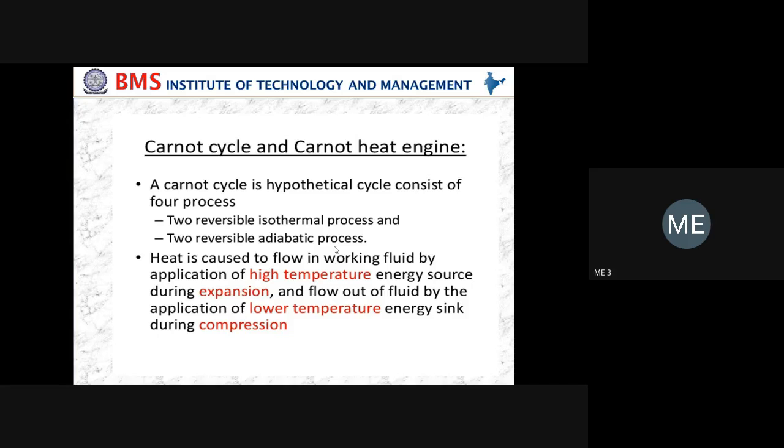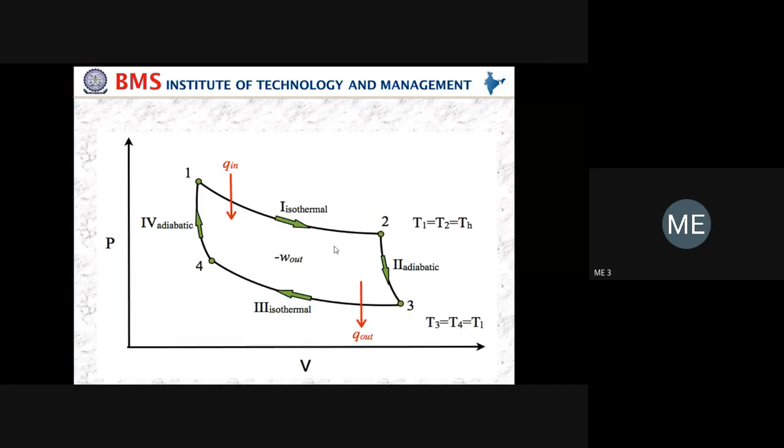First, you should analyze the PV diagram. This is the most important diagram. Whenever they ask to explain the Carnot cycle, you have to explain with the PV diagram. The cyclic process, as I said, is one which undergoes a sequence of processes, and finally it comes back to the original position.